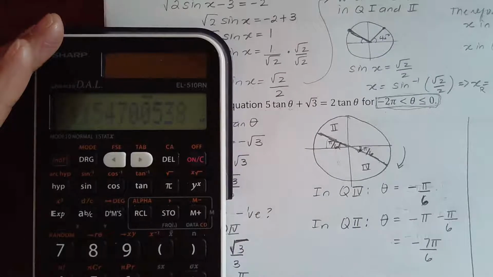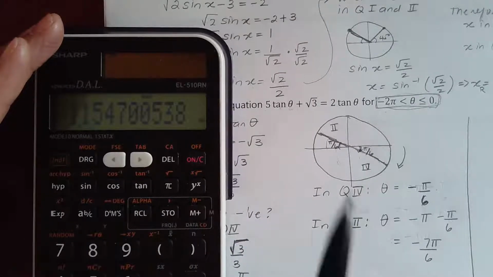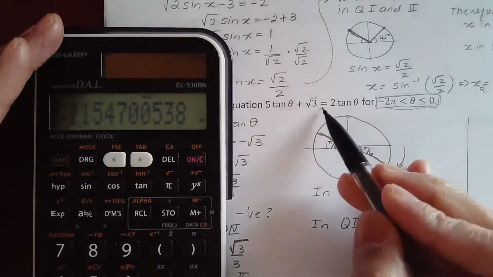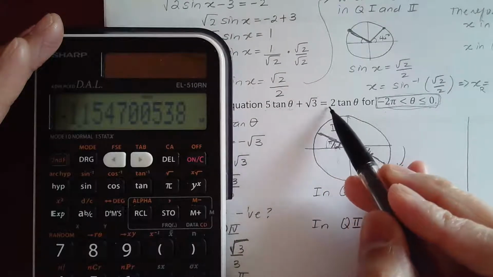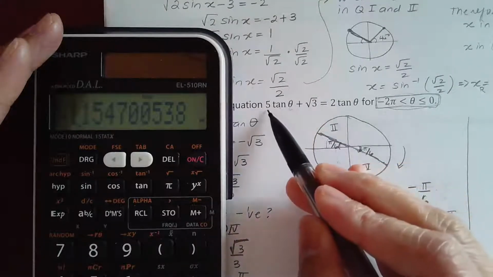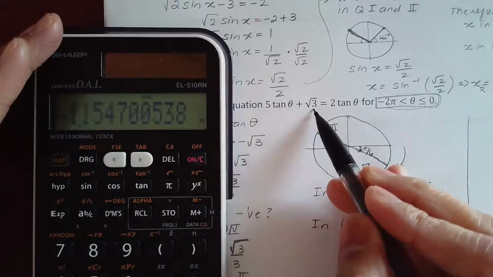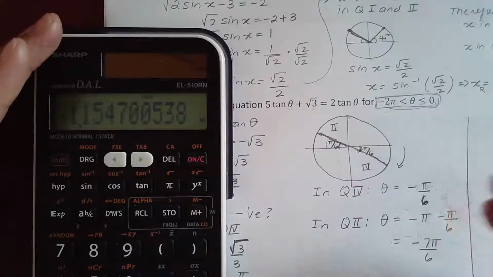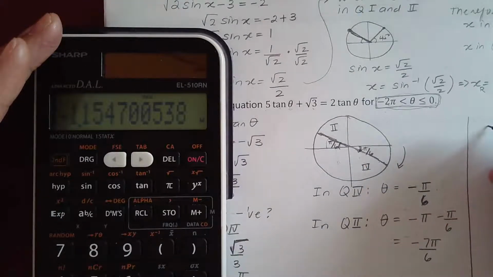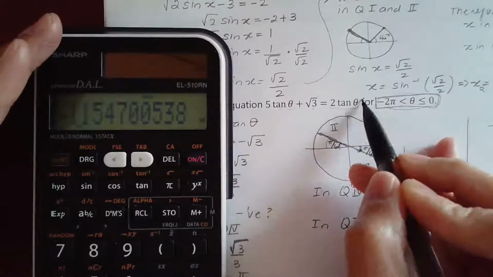And I get negative 1.154. So on my left side, I get negative 1.1547. I've got to remember that. What's on my right side?